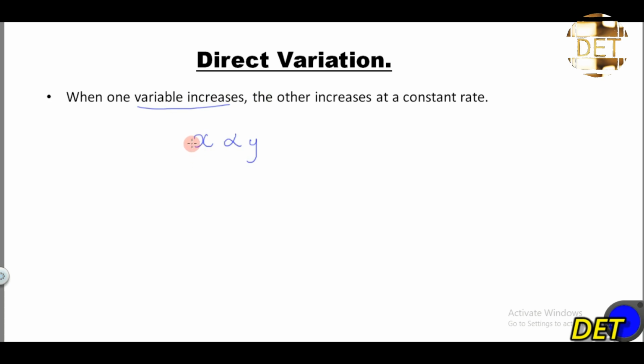So here I have X to be directly proportional to Y, right? To remove this sign of proportionality, I will bring in a constant K. So my X will be equal to KY, where K is a constant.